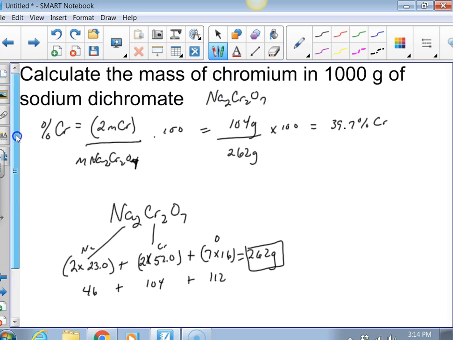So then all we have to do, we're trying to find the mass of chromium in 1,000 grams of this compound. Convert this to a fraction, which is 0.397 times 1,000 grams, and that's going to be 397 grams of chromium present in 1,000 grams of sodium dichromate.